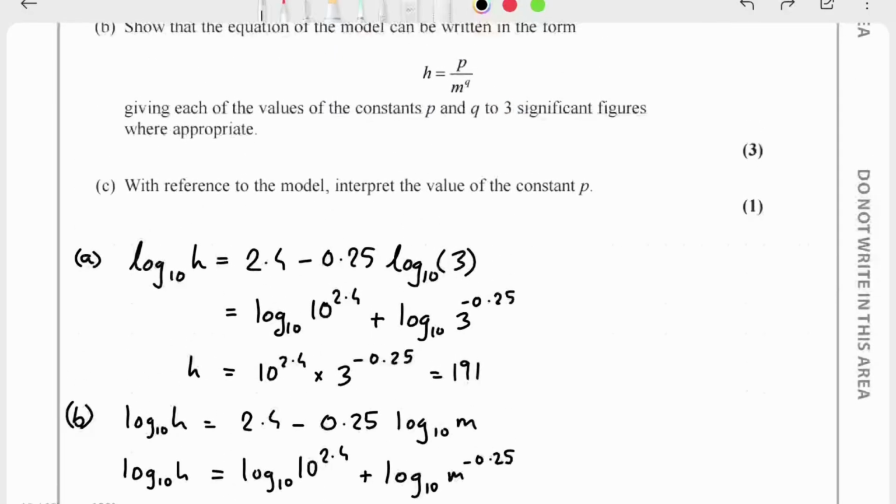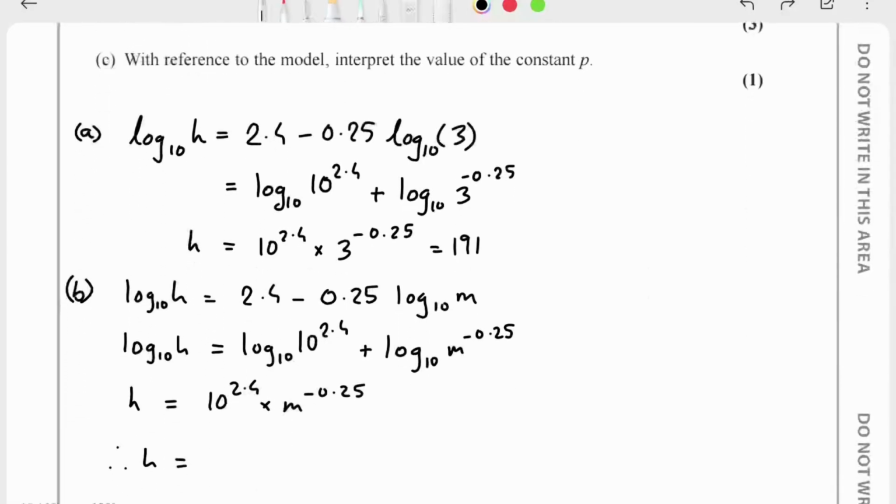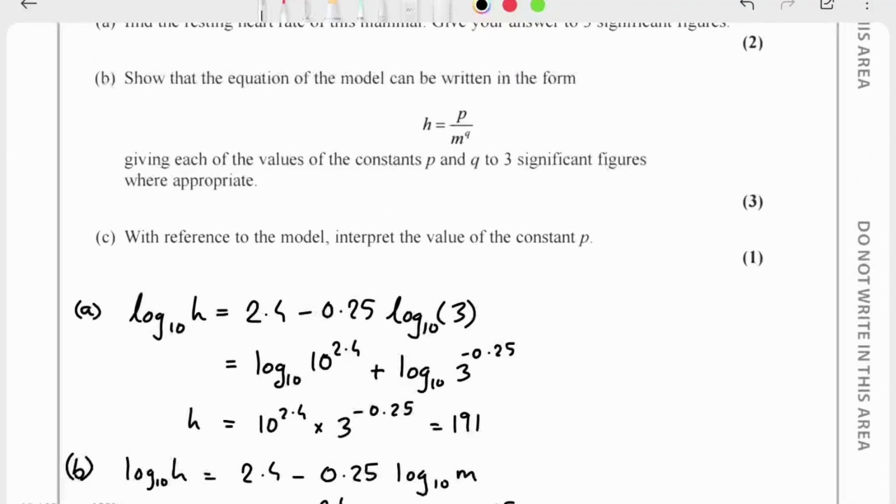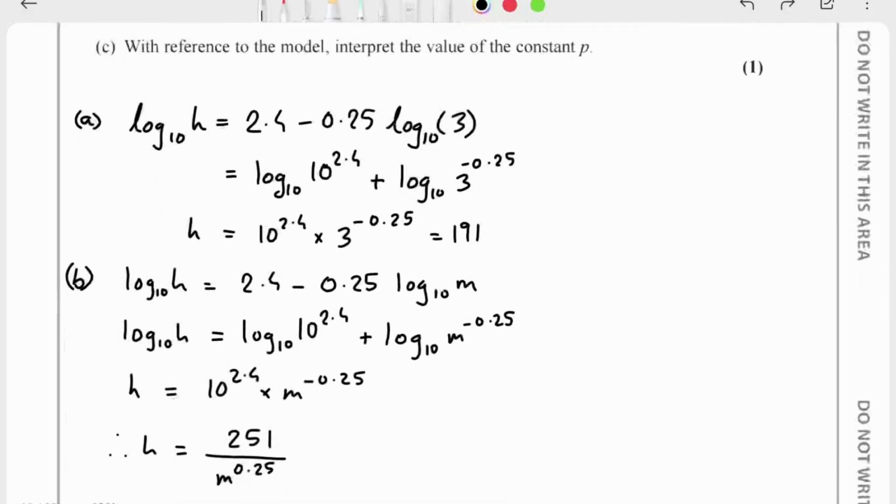They told us to keep the values within 3 significant figures. 10 to the power 2.4 is approximately 251, so it's 251 divided by m to the power 0.25. Now notice that they said 3 significant figures were appropriate. 0.25 is an exact number and it's 2 decimal places, so you can keep it as it is.